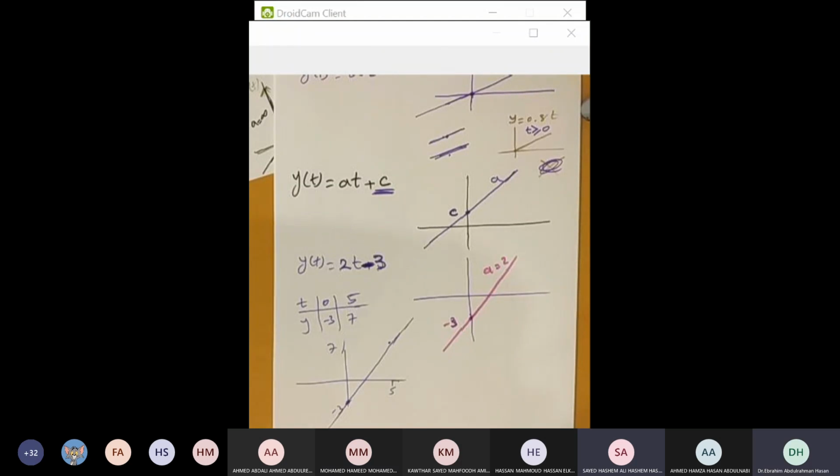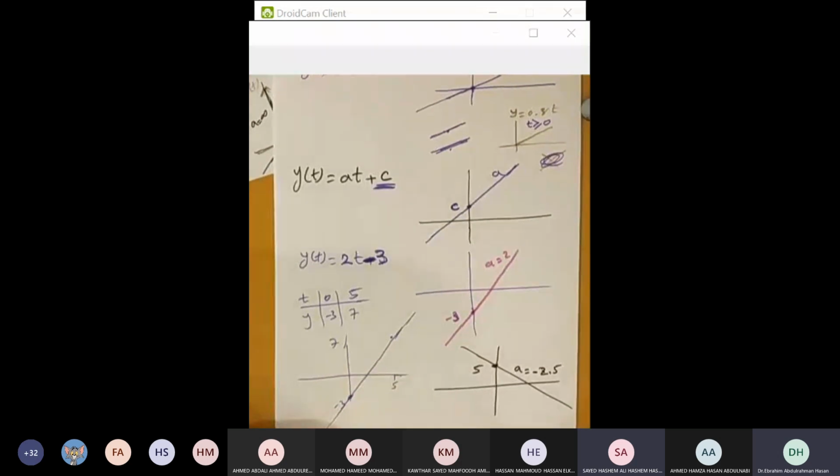So if I said that the slope of the line equal to minus 2.5 and the y-intercept is equal to, for example, 5, then from this signal I can write the equation directly.